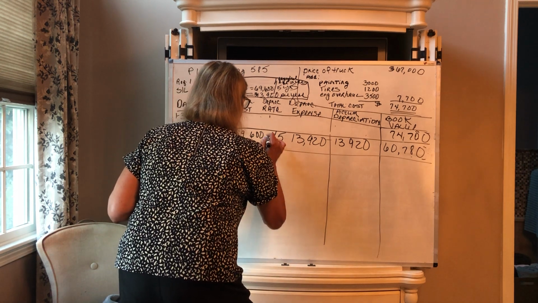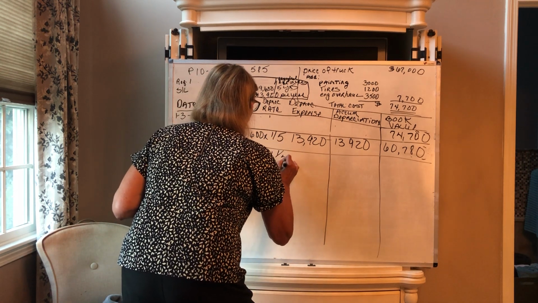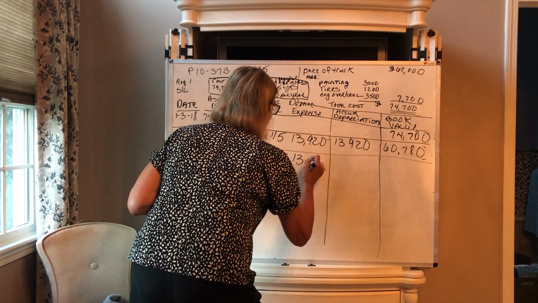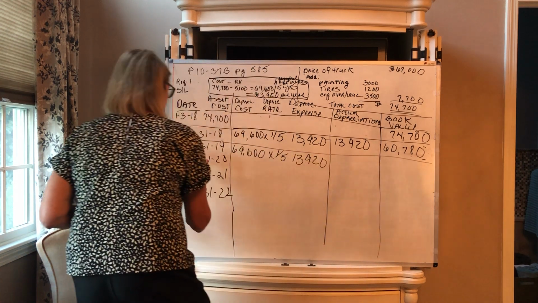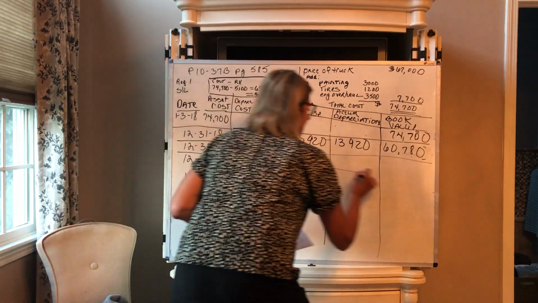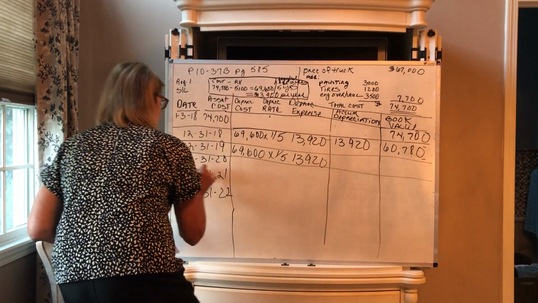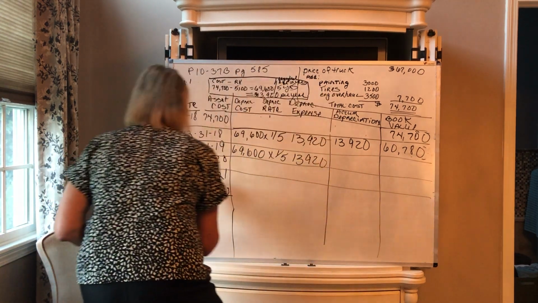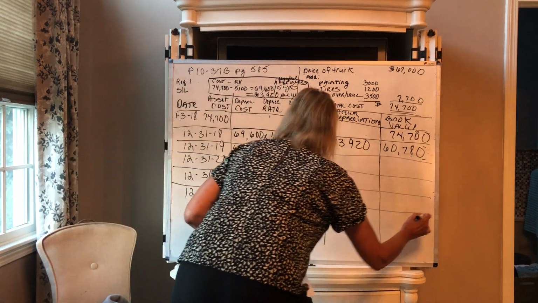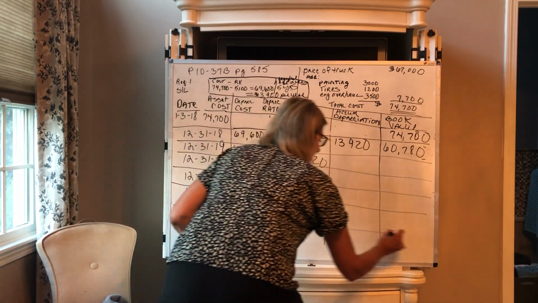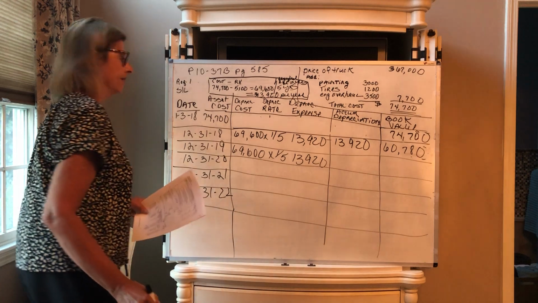Actually, I could have just put 1/5 for all of them. Let me try this and see if it helps me. It just might. In year 5, okay. Now hopefully I won't screw it up.